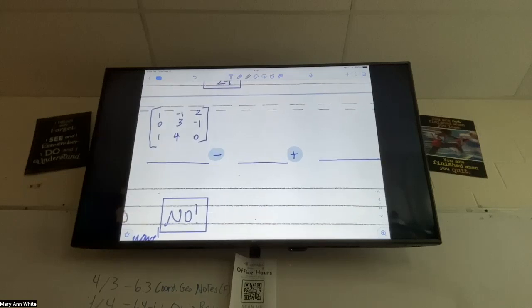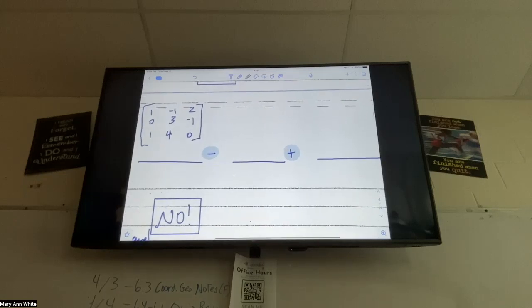Okay, we got to do a little bit of a pattern with this determinant of my 3x3 matrix. So I am going to highlight, and you don't necessarily have to highlight, just kind of watch me. I'm going to highlight the first row and then the first column. There's a number that overlaps both of those, right? That top left one, number 1. We are going to do 1, and we're going to do that times the determinant of the 2x2 matrix that's left when I look at those highlighted parts.